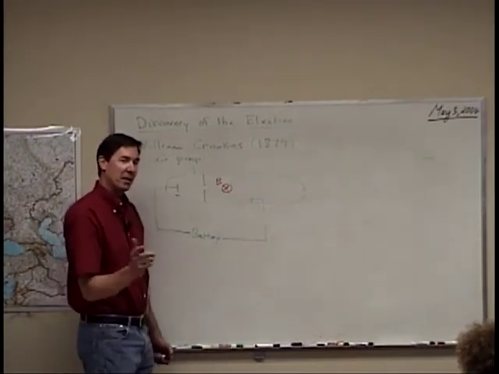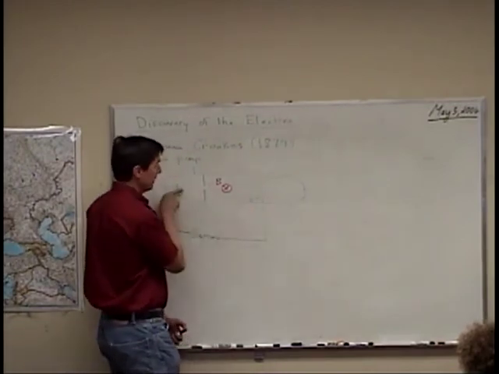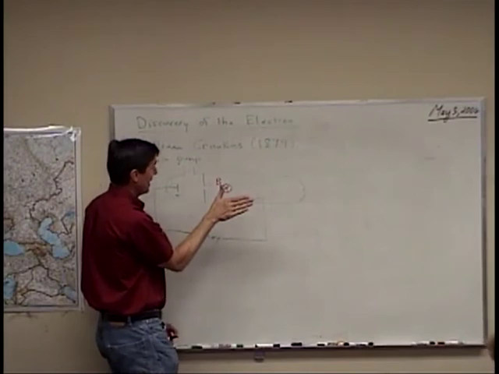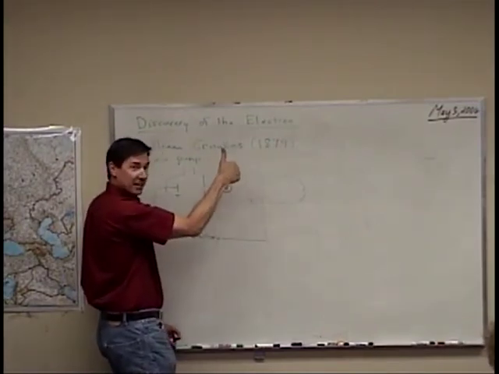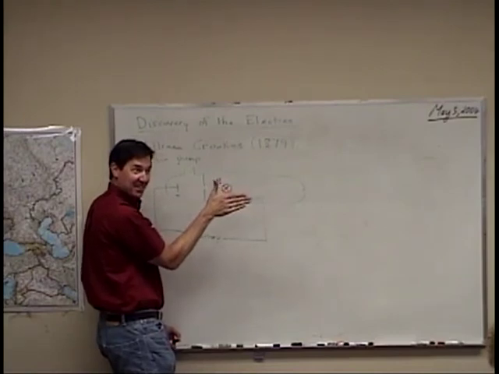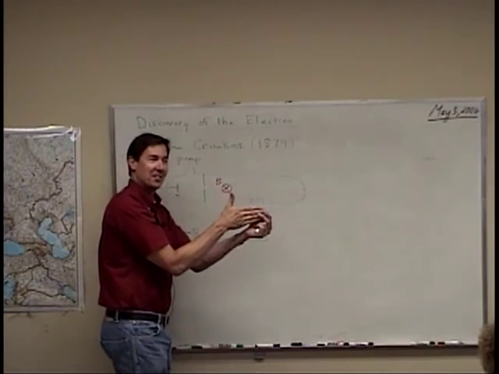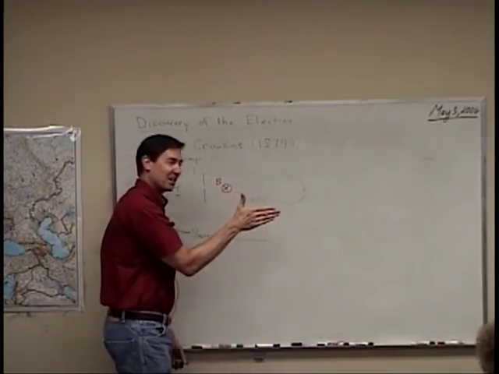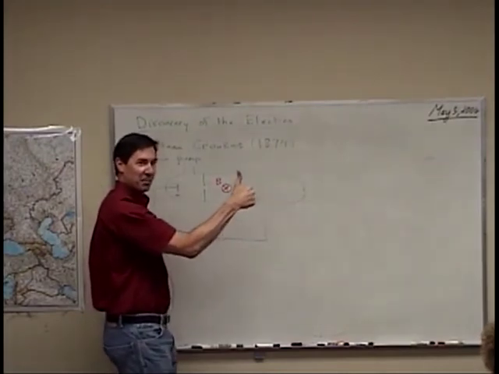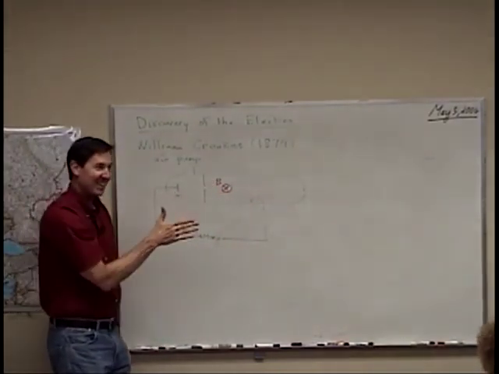So if we had positive charges going down here, then we'd have a current going in that direction, and it'd be deflected up, right? You point your fingers in the direction of the current, curl them in the direction of the magnetic field, and your thumb points in the direction of the force. Remember?